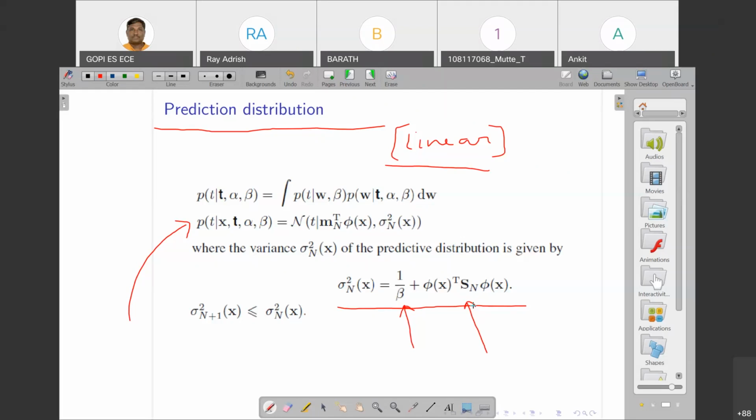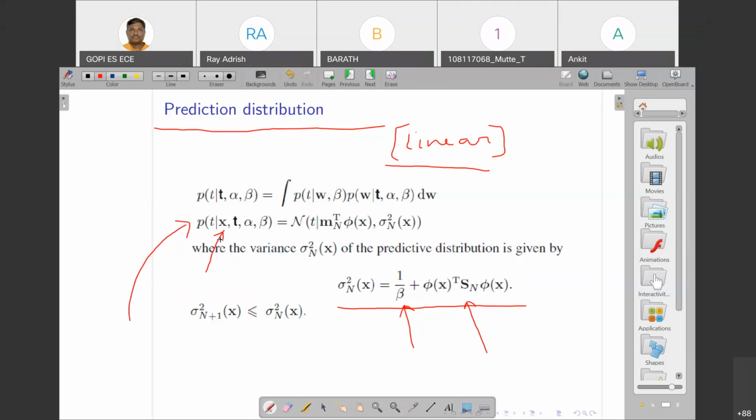So now the predictive distribution is basically for a new x. For the new x, how is the density function of t, the noisy observation, distributed? For the new x, right, how is the density function of the random variable t distributed?